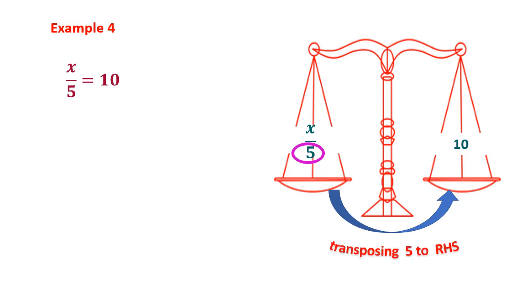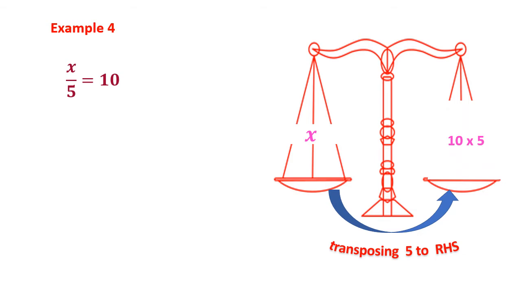On transposing 5 to RHS, what will happen? As we saw in the previous slide, the concept is that division will get converted into multiplication. As you can see, 5 is in division, it will get transposed, and in RHS, it will get multiplied by 10.